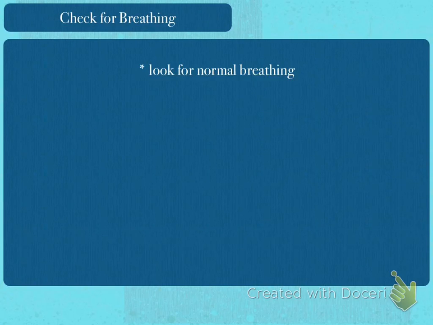So looking for breathing means you've got to stop and calm yourself down for like 10 seconds to look and see if their chest is moving. And sometimes that's hard to do because of where they are, or if they have a big old sweatshirt or a coat on and they could be barely breathing, but you can't see it. So that's why we don't stop there. So you're going to look for normal breathing.